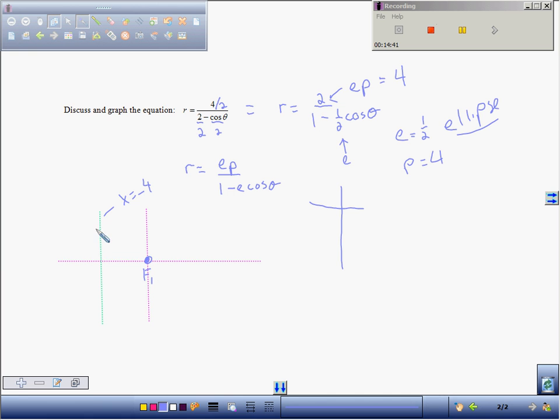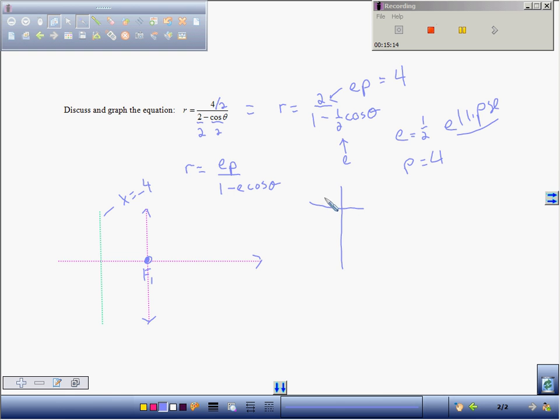If it's cosine, the ellipse is going to be going this way with the 2 foci on the polar axis. If it's sine, the two foci are over here and the ellipse is going to be going this way. This is like the y-axis, this is like the x-axis, except they call this the polar axis, and they call this the pi over 2 axis.